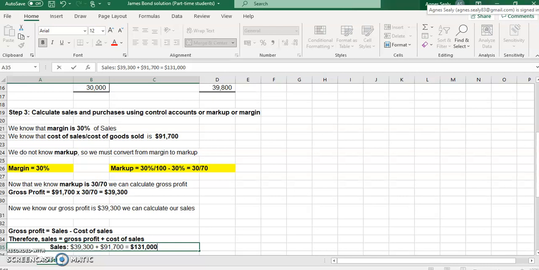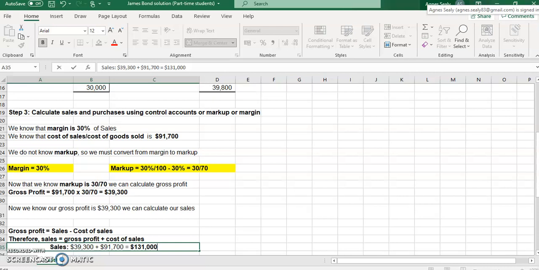And we said from previous accounting teaching, we know that our gross profit would be our sales minus our cost of sales. So if that gives us our gross profit, it is safe to say that we can flip the equation, and then our sales would be our gross profit plus our cost of sales. And we recognize then that our sales figure came out to $131,000.